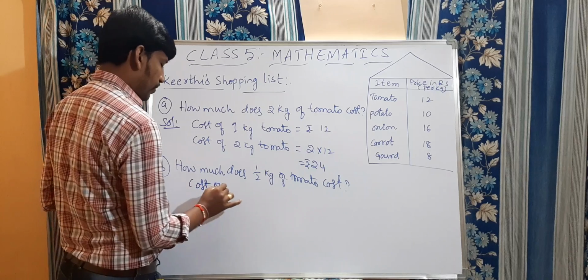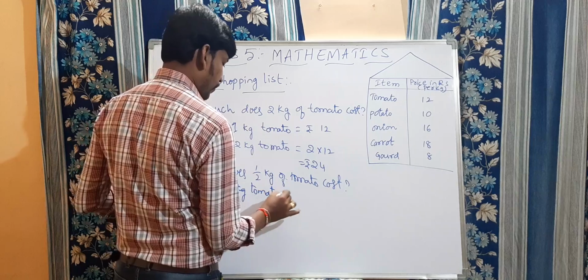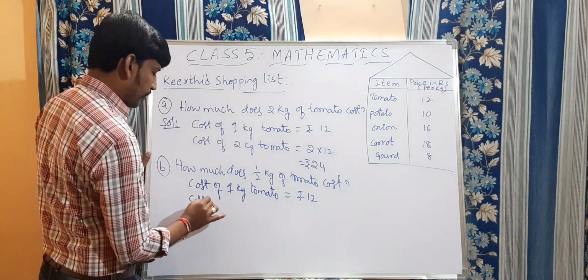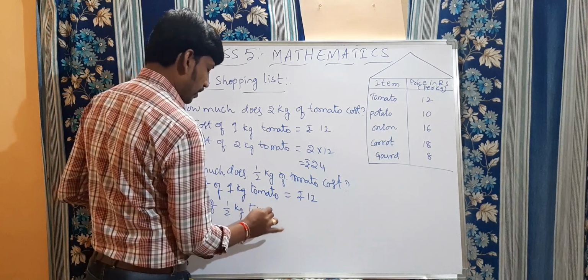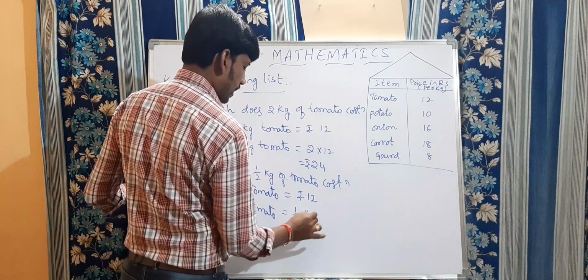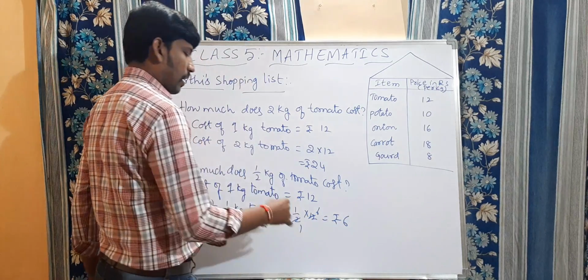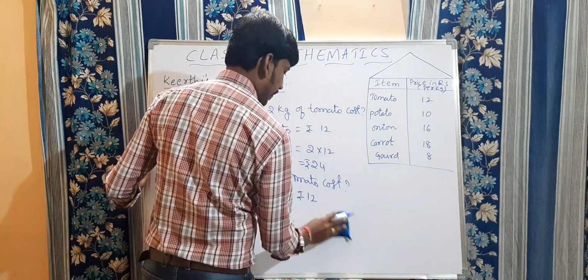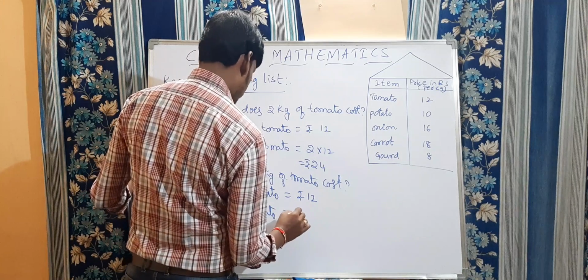So write down here: the cost of 1 kg tomato is rupees 12. Then the cost of half kg tomato is 1 by 2 into 12. 2 sixes are 12, so you will get rupees 6. Or you can divide it, if you are getting any confusion in cancellation.